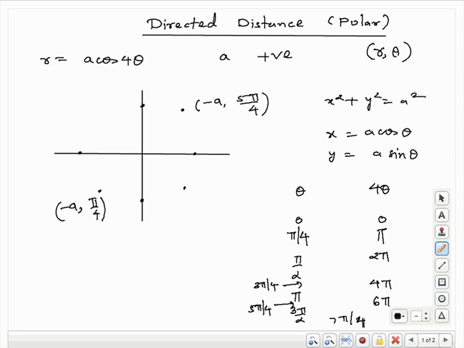Cos of 7 pi is minus 1, isn't it? So we will get this angle but minus a. This angle but minus a means it will not be this point, but it will be 180 degree apart this point. So let me put a dot there. So that point is minus a comma 7 pi by 4.